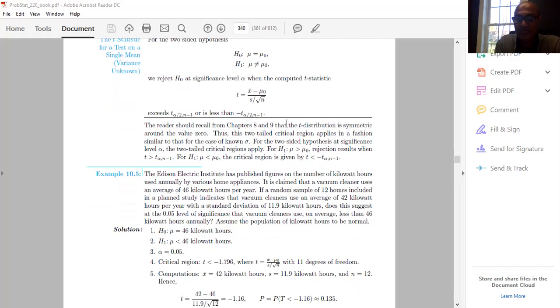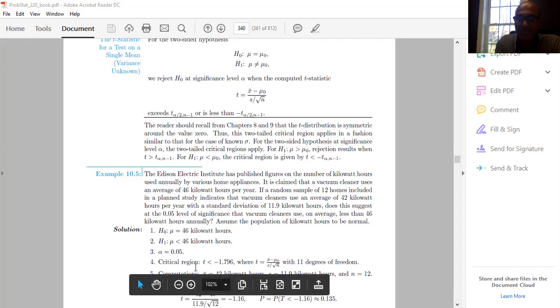For H1, mu greater than mu 0, you reject when your t value lies outside the right interval. For mu less than mu 0, the critical region is given by t less than the lower limit, negative t alpha, n minus 1. Sounds good. Now read this example, then I will explain this portion and we will solve it.